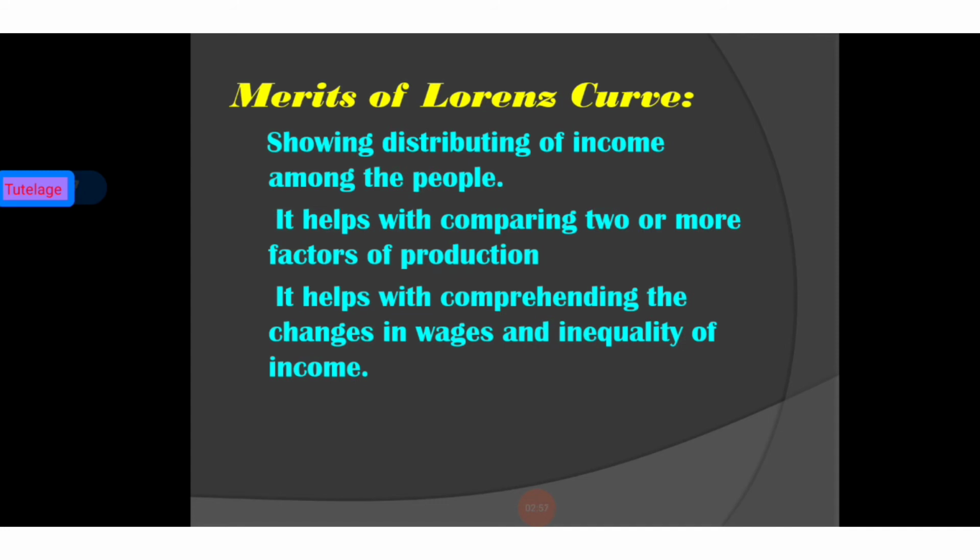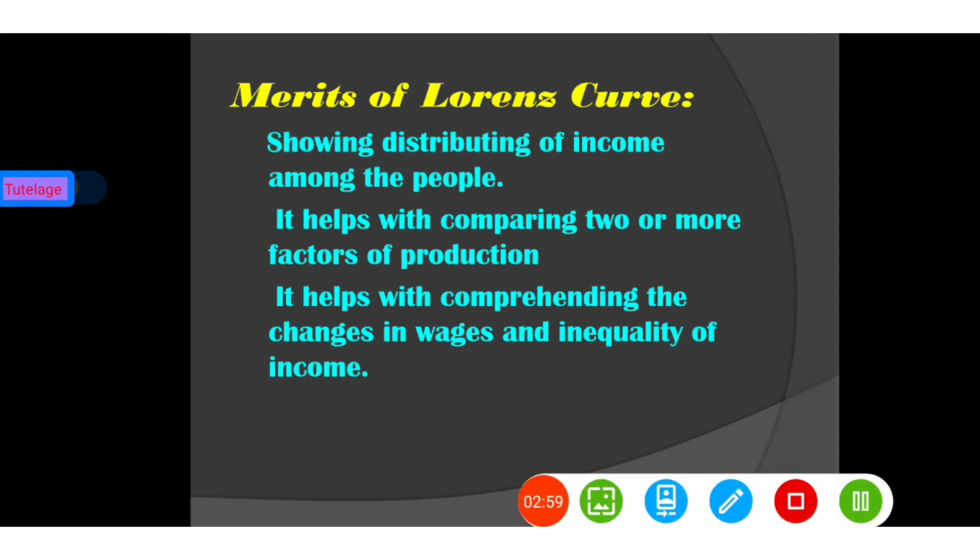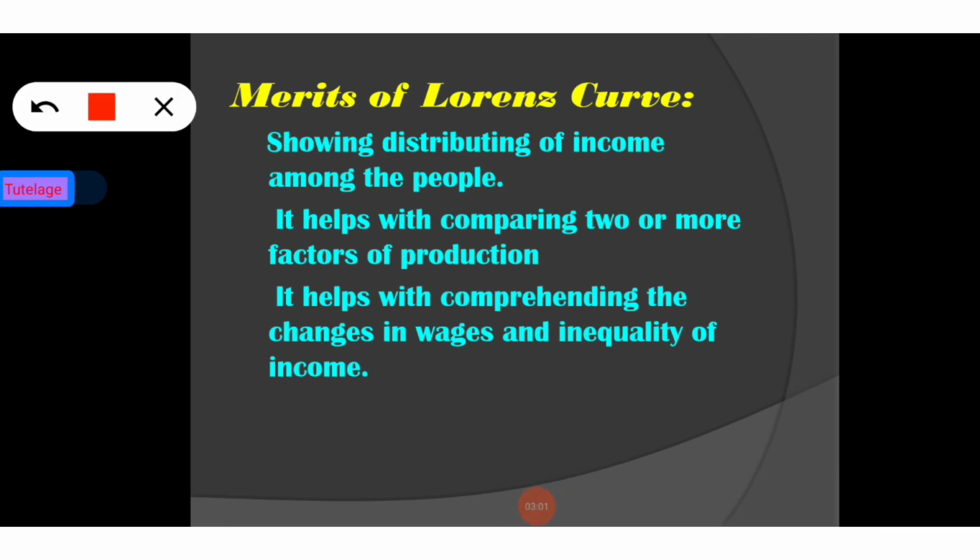Here we can see some merits of the Lorenz curve. The first one is that the Lorenz curve shows income distribution among the people. It shows the distribution of income or wealth. We have already told that. Now going to the second merit, it helps with comparing two or more factors of production.